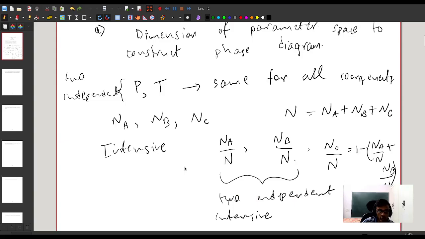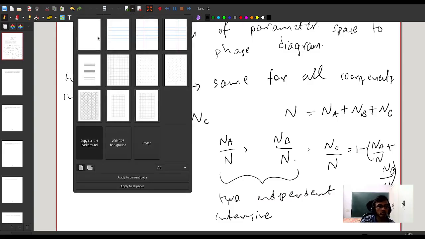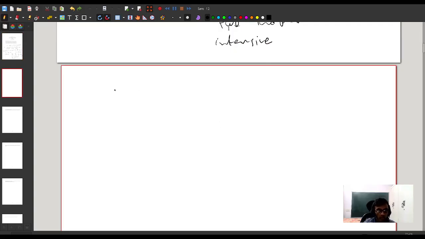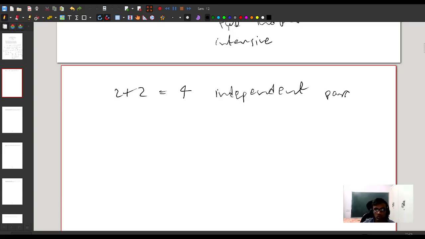So all in all, we have four independent parameters to vary, which can be chosen to be P, T, and Ca and Cb.